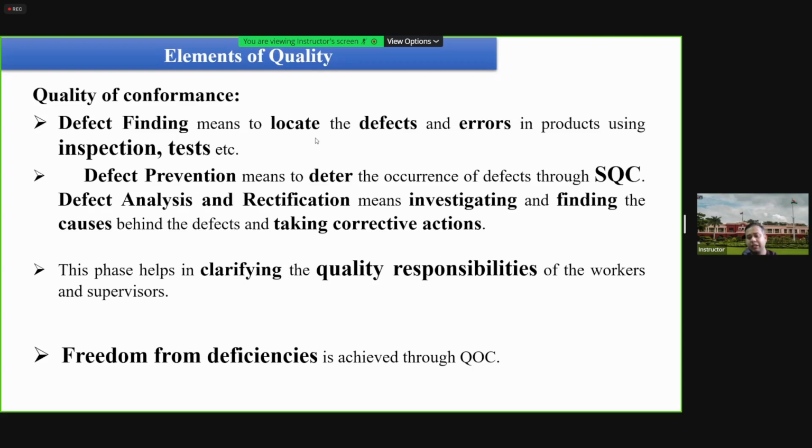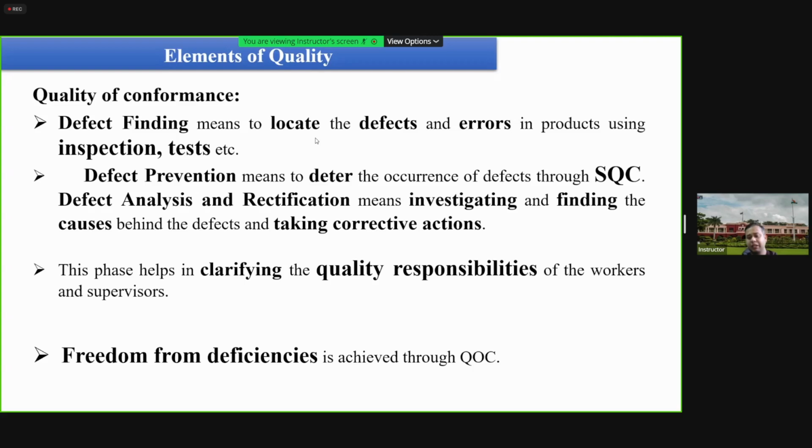Without ensuring everything is right in the quality of design and conformance stages, we cannot say that the performance of the product is okay. So it can be defined as a function of both quality of design and quality of conformance. So that is our third phase.